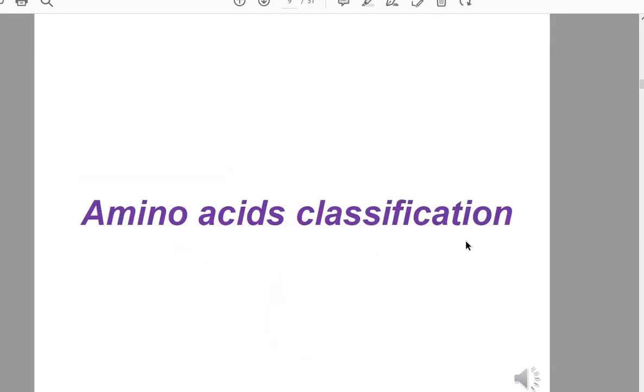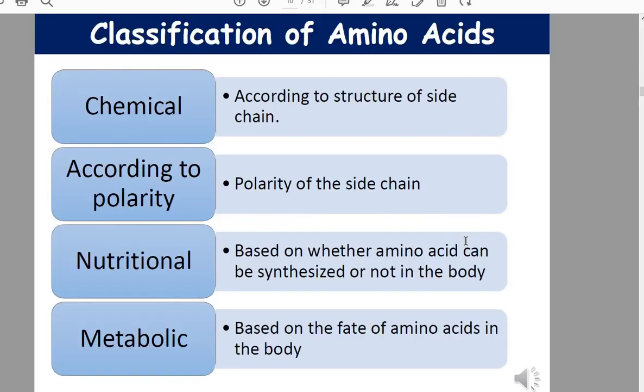Let's know amino acid classification. There are many classifications of amino acids according to the chemical structure of the side chain. This is the chemical classification, which is the difference between the 20 amino acids, or according to polarity, and we will explain what the meaning of polarity. And from the nutritional side of view, whether they can be synthesized inside our body or we must take them in the diet.